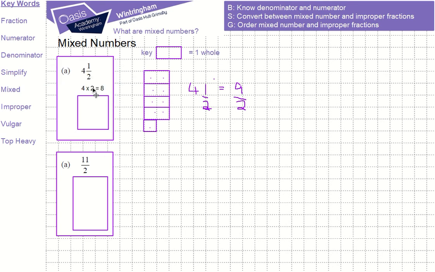So first of all, I've got my 4 wholes and I want to see how many halves are in those 4 wholes. So I'm going to take this whole number 4 and multiply it by the denominator. So 4 multiplied by 2 is 8. And that's telling me that in those 4 wholes, I've got 8 halves.